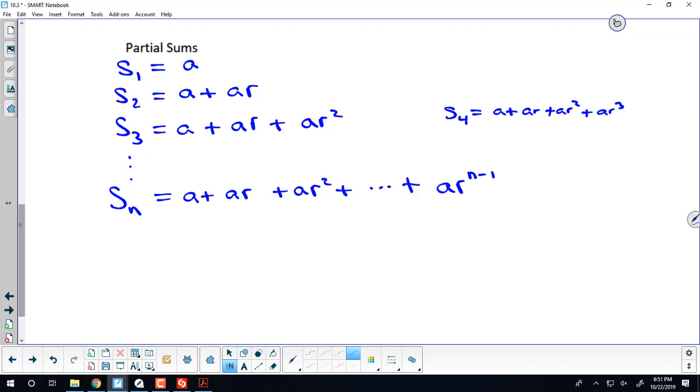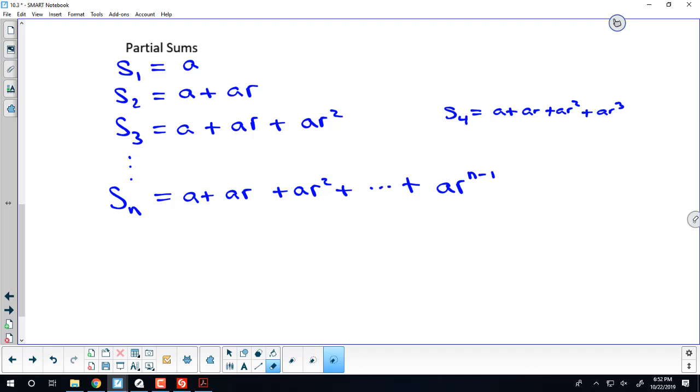If I said 2 to the n as n approaches infinity, then clearly that would go off to infinity, right? But if my r was like 1/3, as n approaches infinity, what does 1/3 to the n go to? 0. So to answer the question of what the limit of the nth partial sum is, it really depends on where r is.